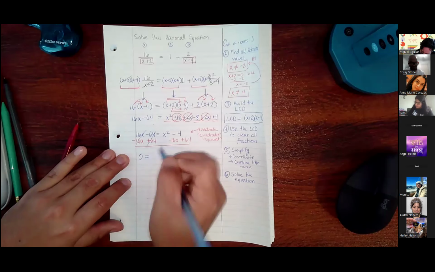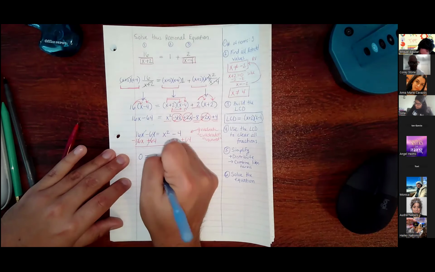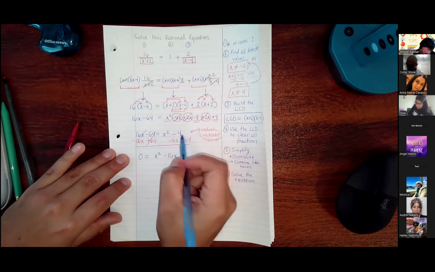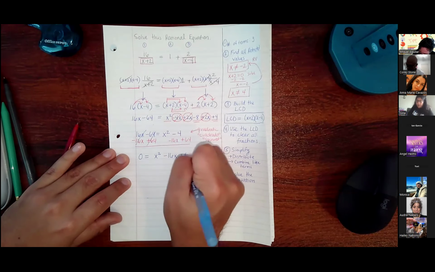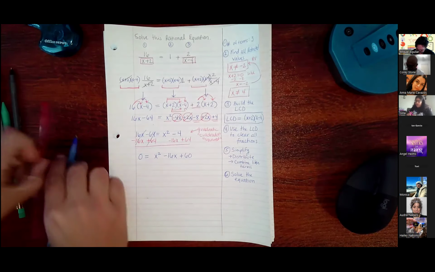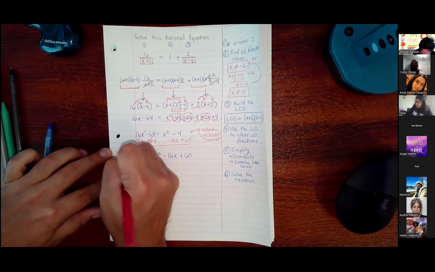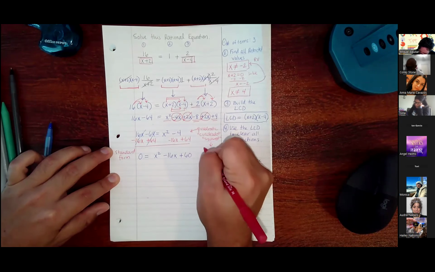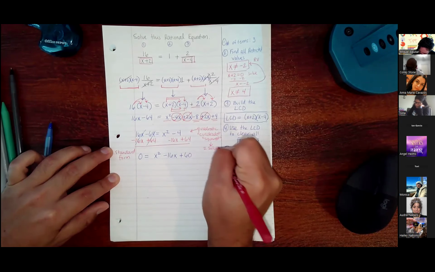So I have 0 is equal to x squared minus 16x, and then this is going to be plus 60. Are you guys okay with that? This is standard form. And also that we expect 2 solutions here.